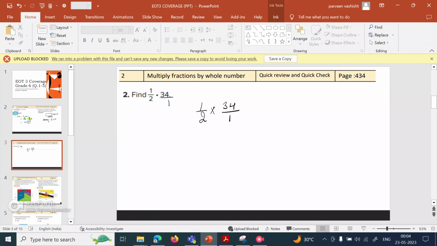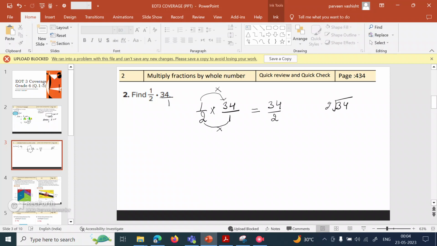This dot means multiply. In fractions, if you remember from your early knowledge, numerator will be multiplied by numerator. 1 multiplied by 34 is 34. Denominator will be multiplied by denominator, so 2 multiplied by 1 will become 2.